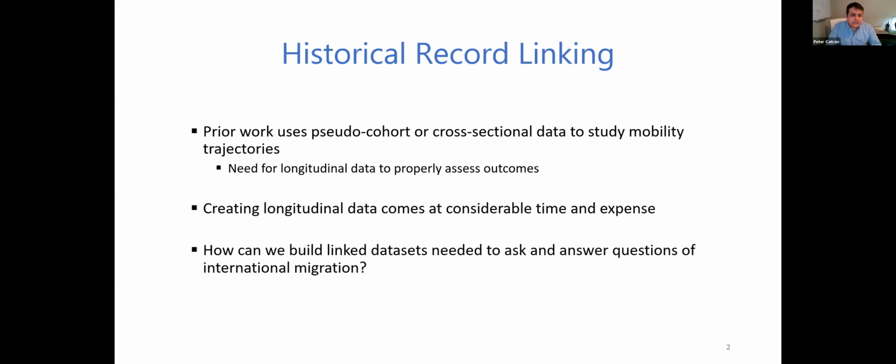But what we can do now with historical censuses is build the linked data sets that we need to answer various questions that we have about international migration.